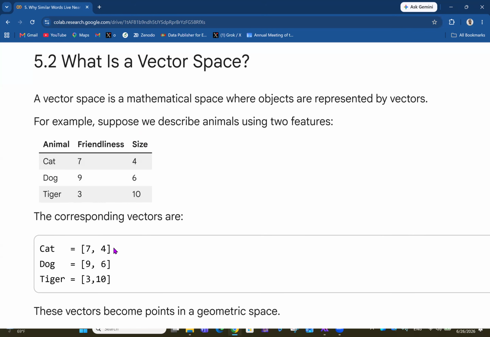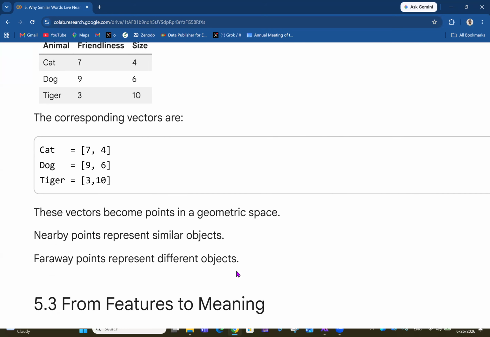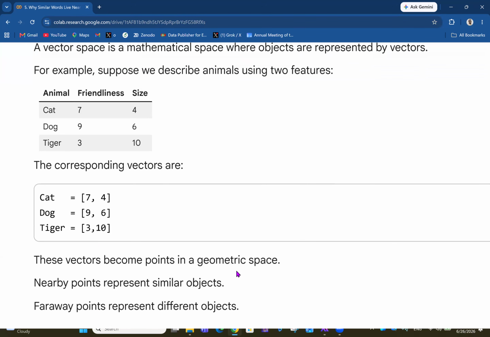For cat, we have 7, 4. Friendliness is one dimension, size is another dimension. So for cat, we have 7 by 4, dog 9 by 6, tiger 3 by 10. So these vectors become points in a geometric space. So you see, we are converting human language into machine language by using vector spaces. Now, the vectors become points in the geometric space. Nearby points represent similar objects.